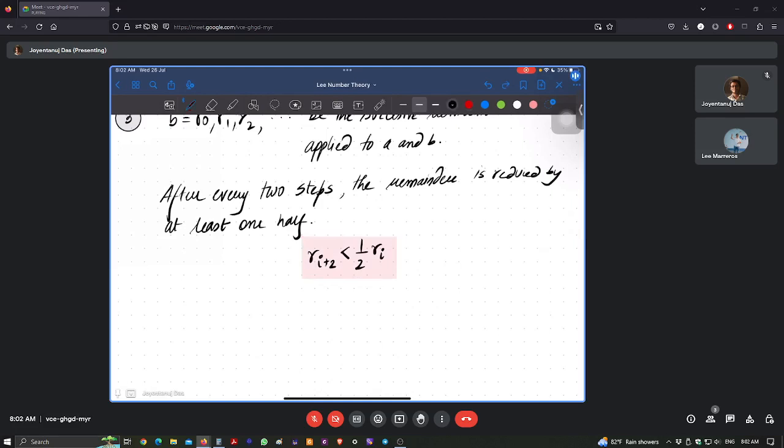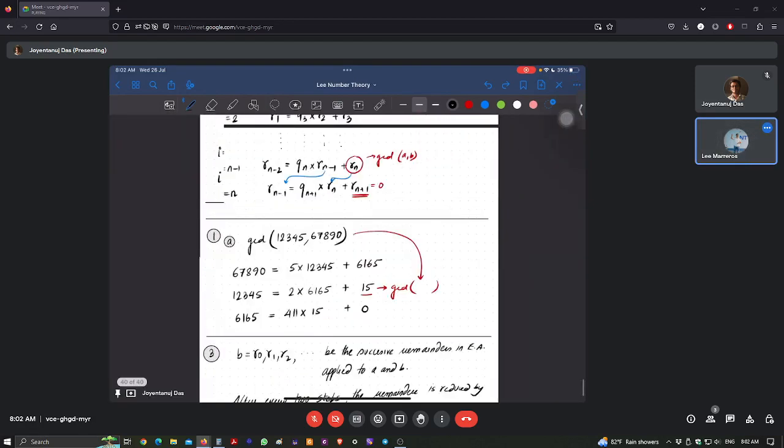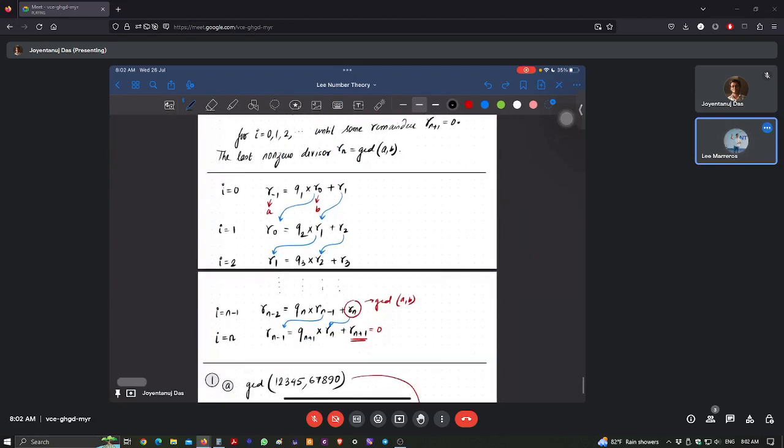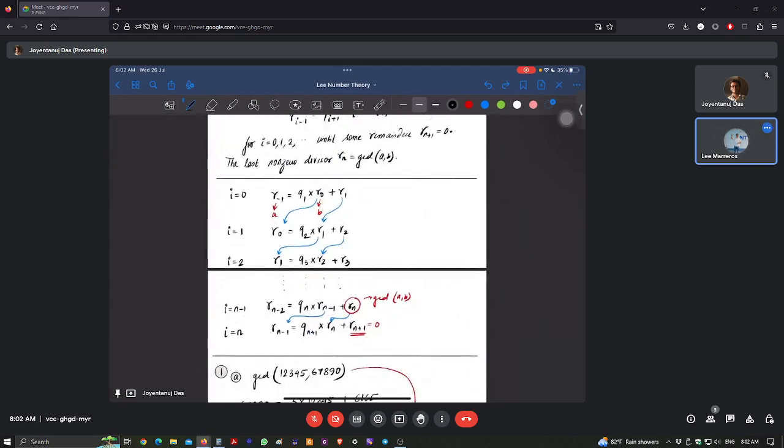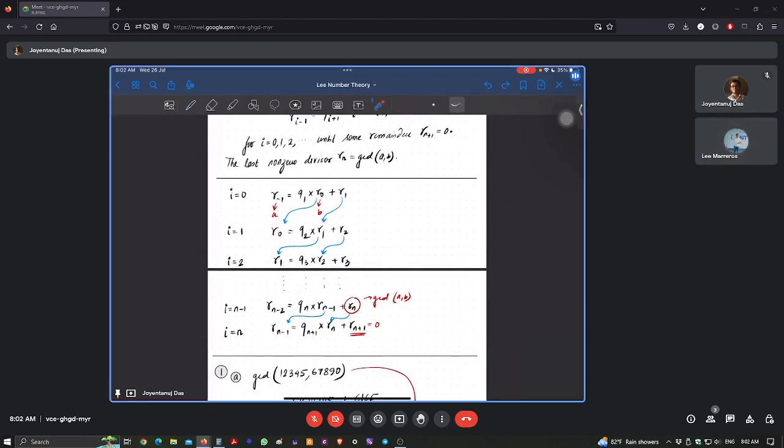So the question is clear, right? Yes, so after two steps, the remainder becomes less than half. For example, this is R1 and this is R3, so this is after two steps of R1.